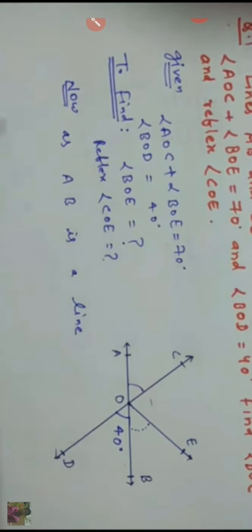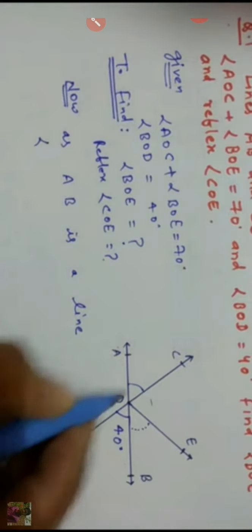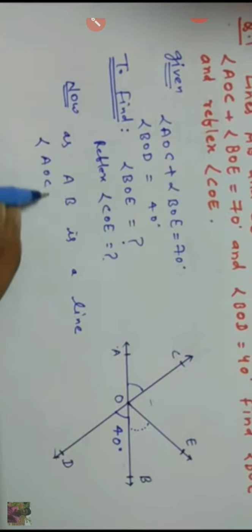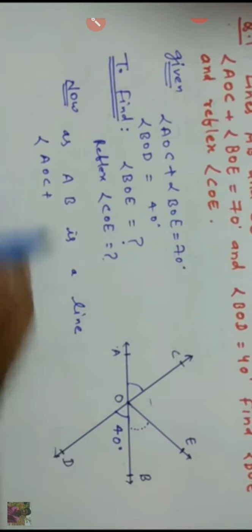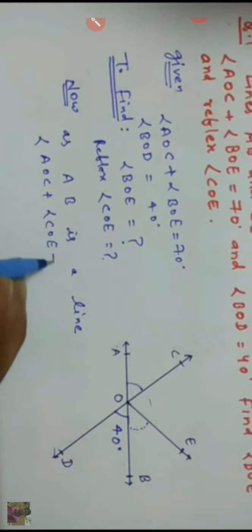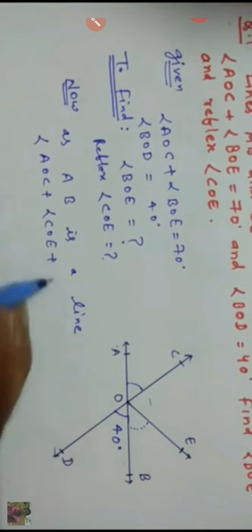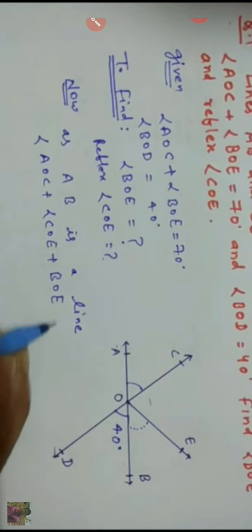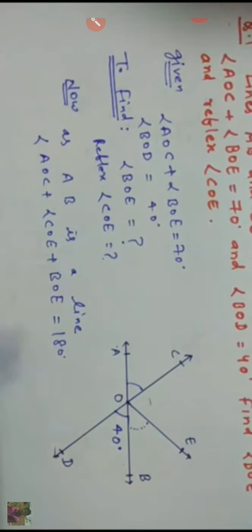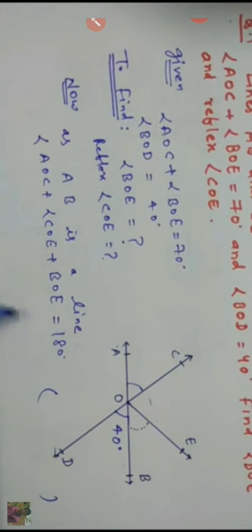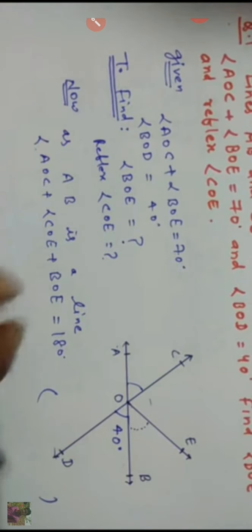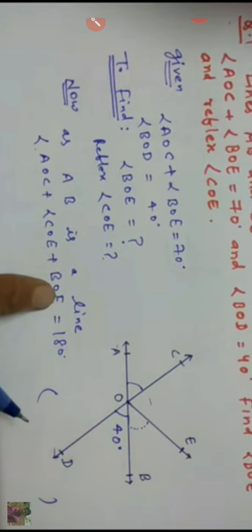Okay, see, now as AB is a line, whatever angles are there, AOC plus COE plus BOE is equal to 180 degree because they are a linear pair. Okay, we have to write here because they are linear pair, linear axioms.